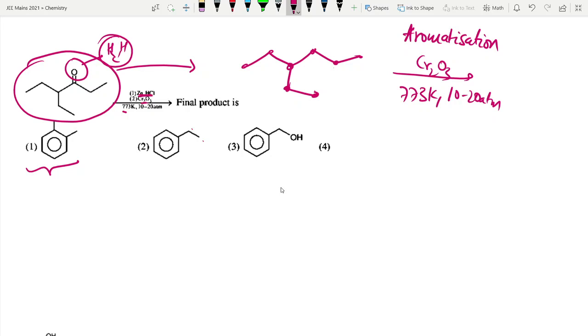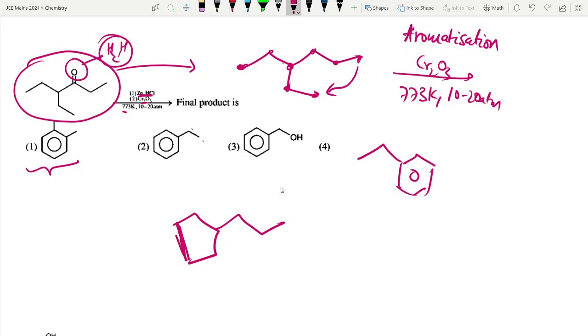If it gets closed from here, then we can get an aromatic ring like this. And how about 1 2 3 4 5 from here? It's a 5-carbon connection, so you can't close it from this side, because then you'll get a 5-membered ring. You can close it from the other side, but I can't see how this thing can get formed. So I think I'll have to go with the second option.